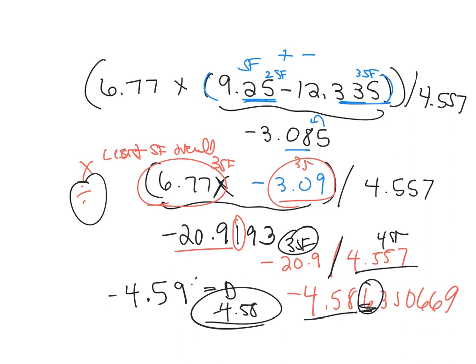This is your answer, negative 4.583157779. And if you do it that way, you see then you have to come here and go, okay, there's two significant figures for this to the right, and that would round to 4.58.